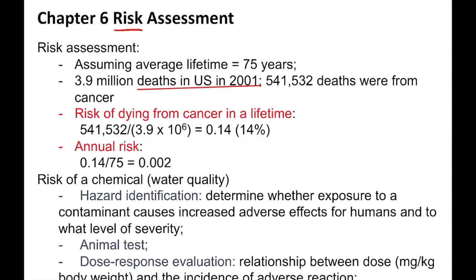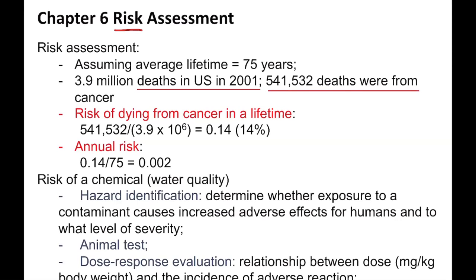In the year 2001, there were 3.9 million deaths in total in the United States. Among these 3.9 million, there were around 540,000 deaths coming from cancer. So to evaluate the risk, we just divide these two numbers.